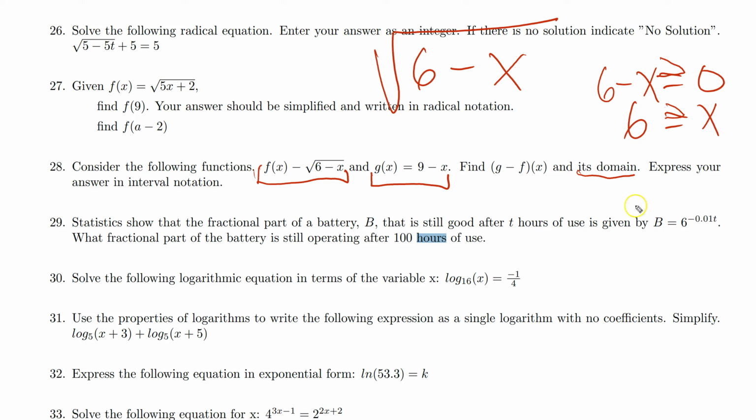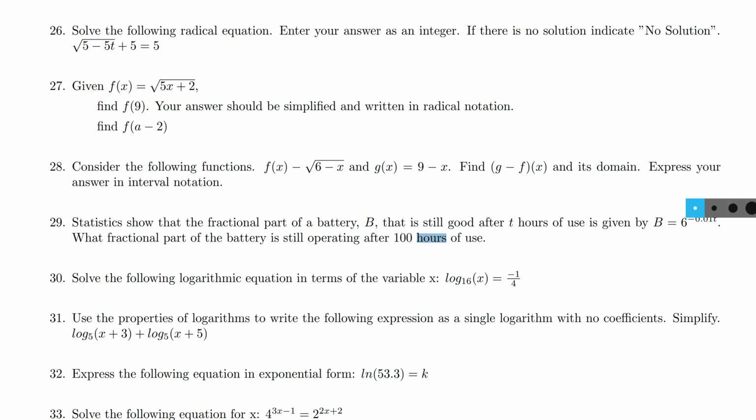So x, if we write it the usual way here, with the x on the left, is less than or equal to 6. So in interval notation, it's going to come from negative infinity up to 6, and that has a bracket because 6 is included in the set. So we've done our domain, we just have to figure out what that other value would be.